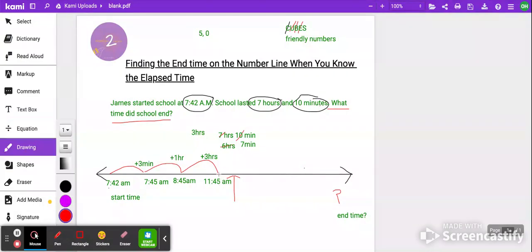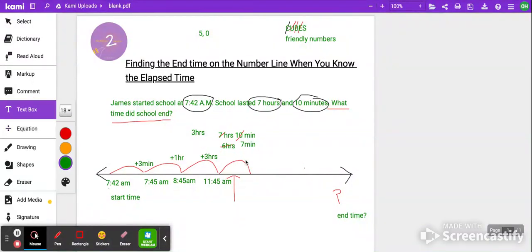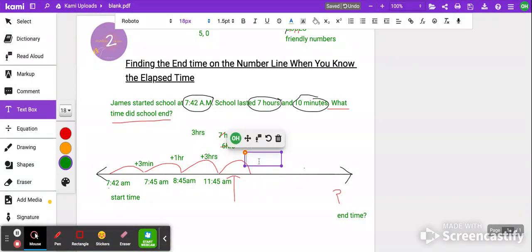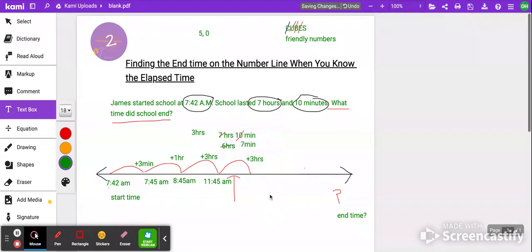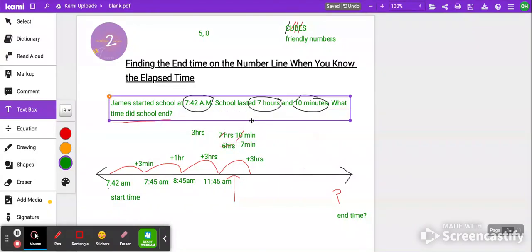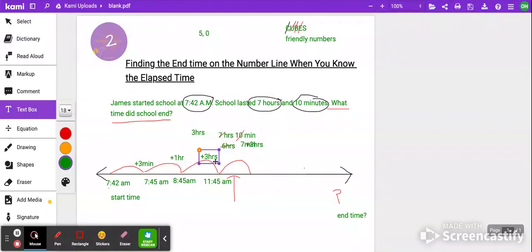So here we go. I'm going to increase this time by 3 more hours. And I'm doing that because this says that school lasted 7 hours and 10 minutes. So here's 3 hours, 6, and 7. All right, so let's see what my new time is.